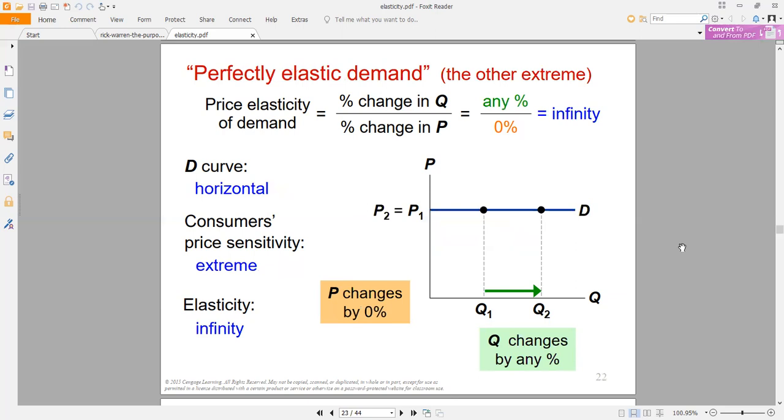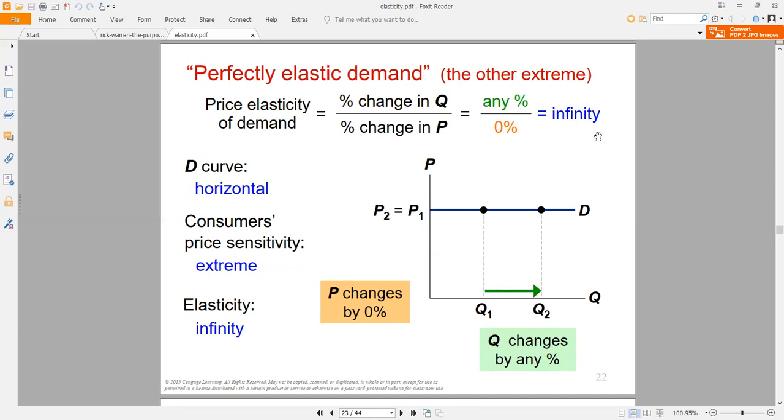The last one is perfectly elastic demand, the other extreme case. This one is horizontal to the quantity axis. Here, price doesn't change, but quantity demanded can vary. So the consumers will be buying different quantities at the same price. Numerically, the percentage change in price is 0, but the change in quantity can be any percentage at all.